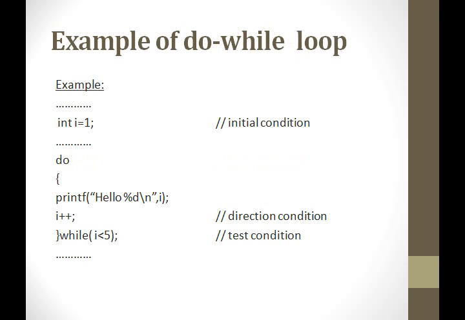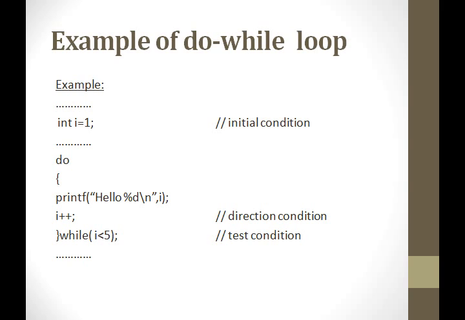Example for do while loop, and here also you have the initial condition somewhere before the do, then you have a do which will allow you into the loop without checking any condition. Mark my words, without checking any condition. For the first time you get entry into the body of the loop, and then you check the condition while exiting from the loop, that is, while i less than 5.